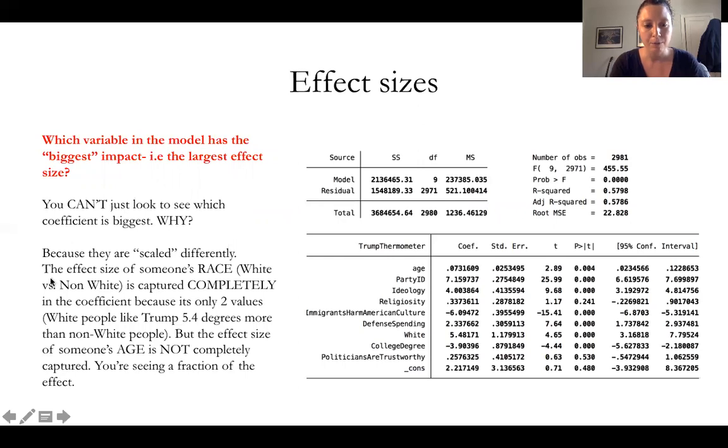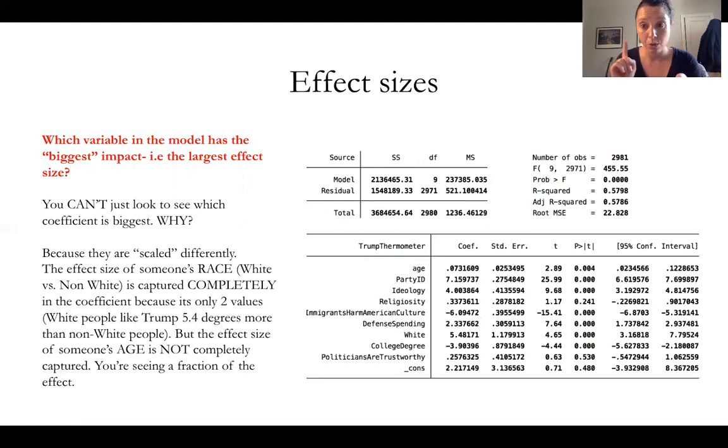So, for example, the effect size of someone's race, which I have called white in this regression, that's captured completely because it's a dummy variable. We said the way you interpret this is white people like Donald Trump 5.48 degrees more than non-white people.